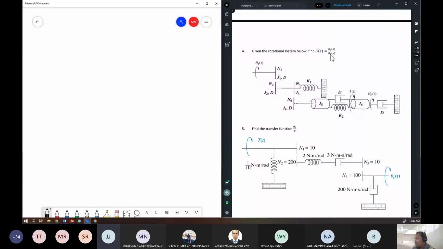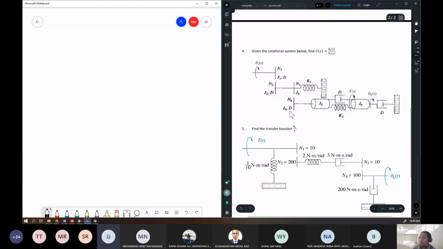So theta 6 is here, measuring the last shaft here, J6. But theta 1 is measuring the displacement of the first shaft. So here, if you transfer all of the impedance, J1, J2, J3, J4 represent the inertia of the gears. Okay?